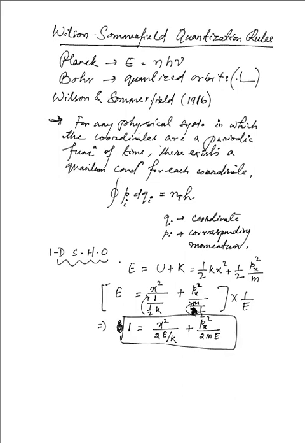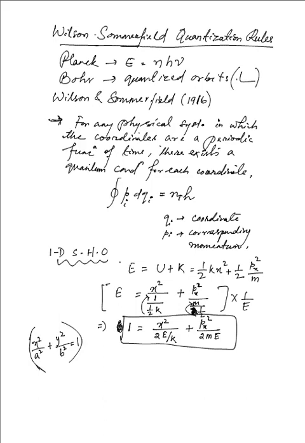If you observe it closely, this is a relation in the form of an ellipse, where for an ellipse we have the formula x squared by a squared plus y squared by b squared equals 1.